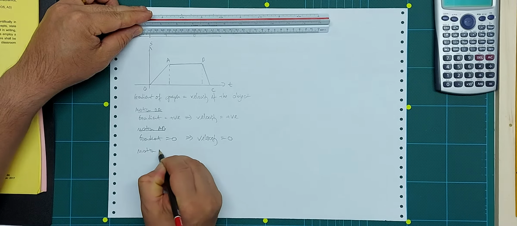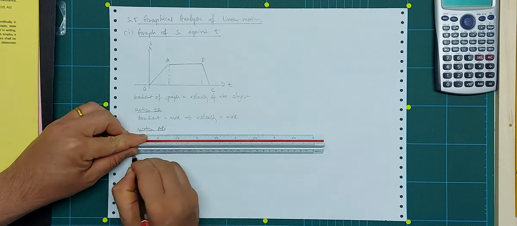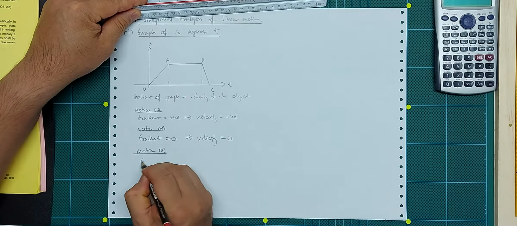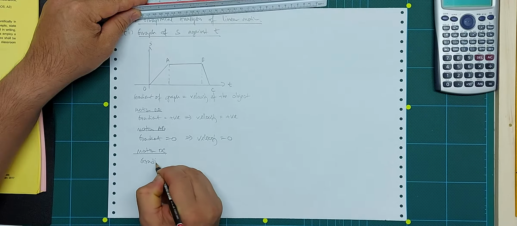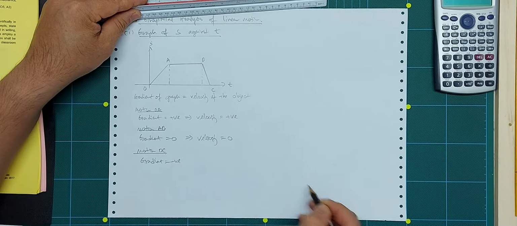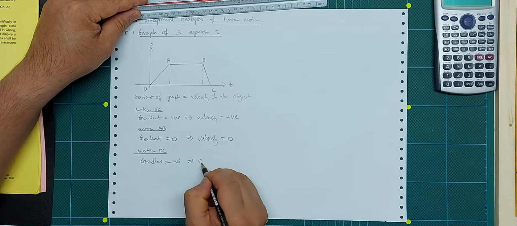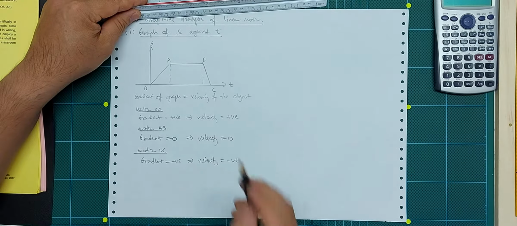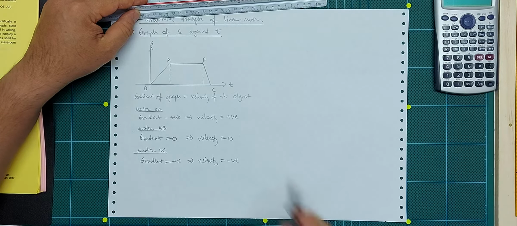And then come to BC. For motion BC, your gradient now is negative, so your velocity is negative. The negative means direction.